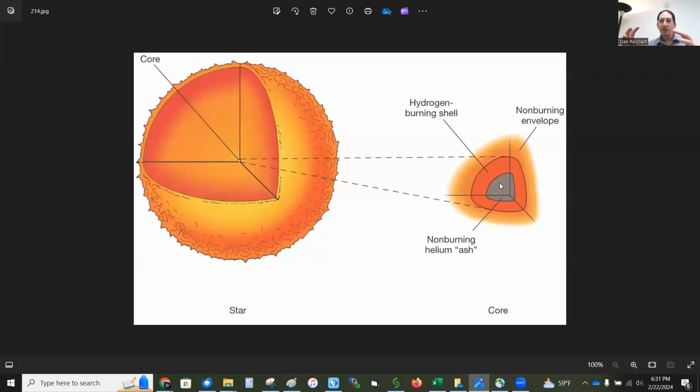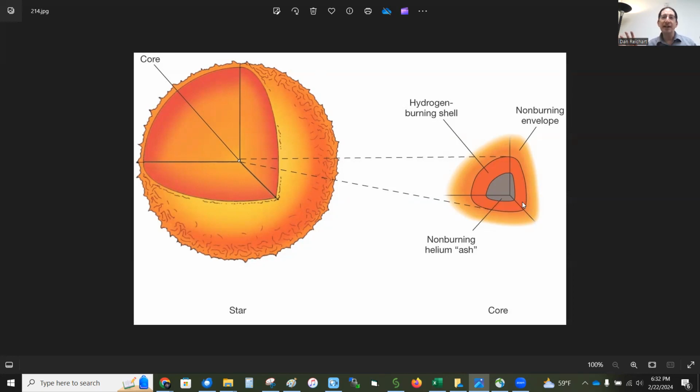So this non-burning helium core is contracting, and gravitational potential energy is being converted to heat. That is heating the surrounding hydrogen burning shell. It's still fusing in that shell. And when you heat it, the reaction rate goes way up and it produces a lot of energy.